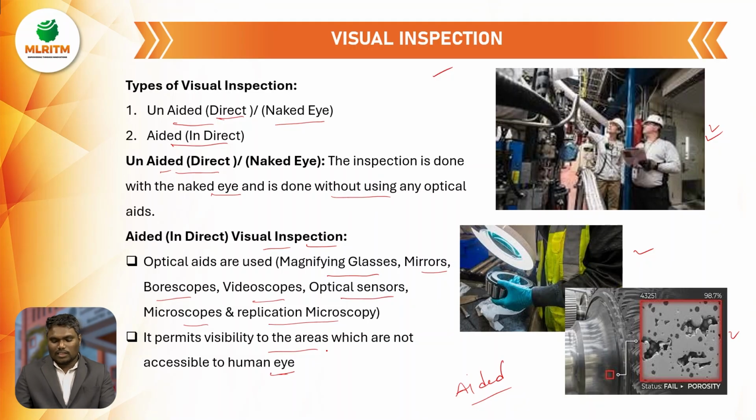Where there are narrow areas, a person can't go and visit the area where there is a defect in a material. In those places, instruments will be utilized, for example boroscope, videoscope and optical sensor. These instruments can be sent through a tube of some narrow length into the material, and then defects can be found easily.